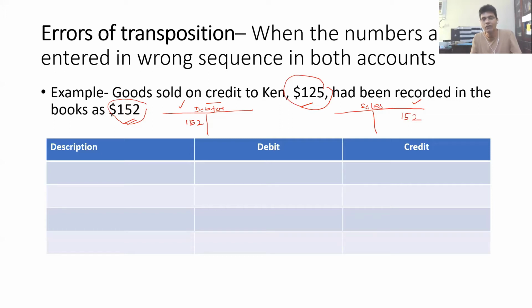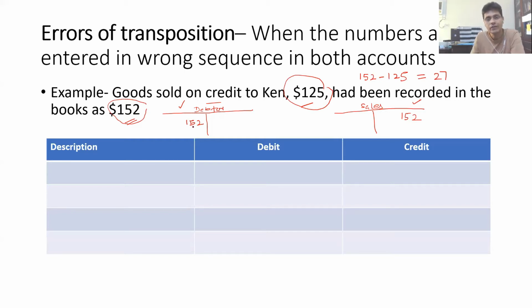In order to rectify this error, what should you do? Because you have recorded a higher value than the actual value. By how much is the value more? 152 minus 125. How much is that? 7, 4 minus 2 is 2, 27, right?